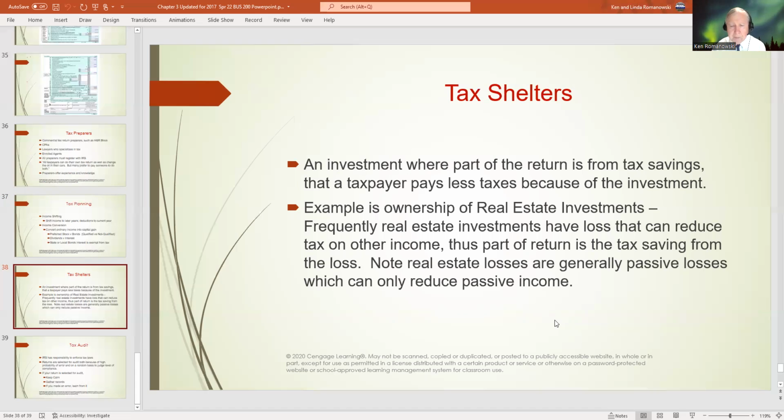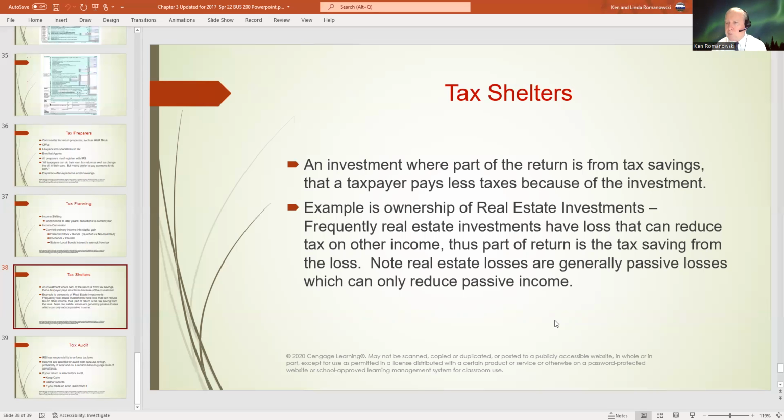So, for example, you have an investment property, and you charge rent. But let's say that your expenses for that property are greater than the amount of rent that you took in. So you now have a passive loss. You may be able to deduct that passive loss from any other passive income that you have.